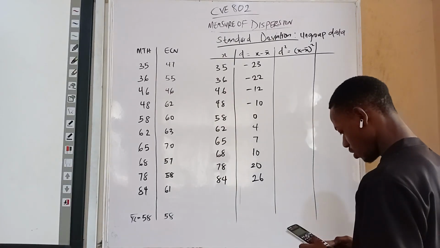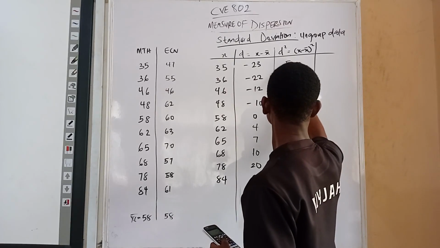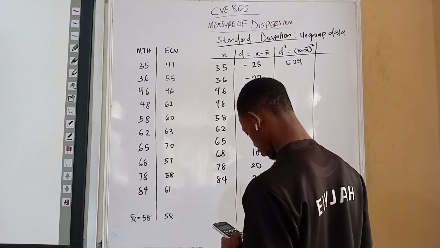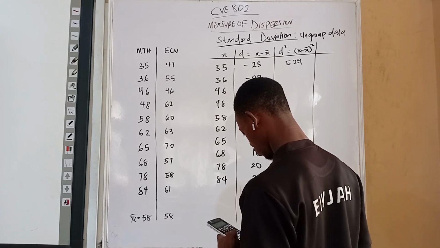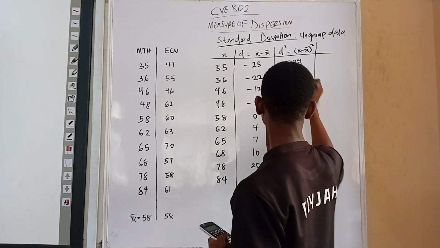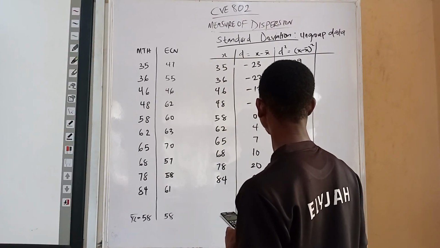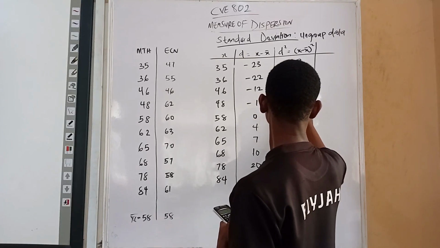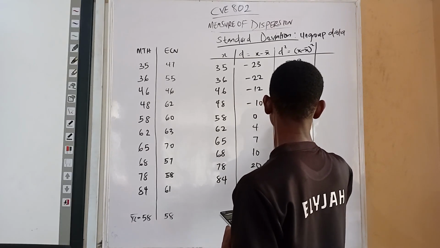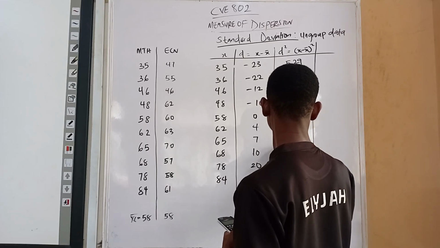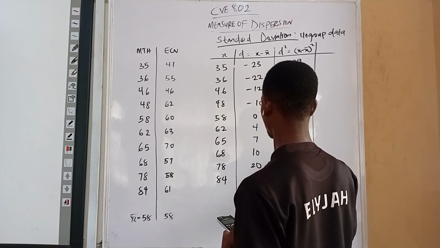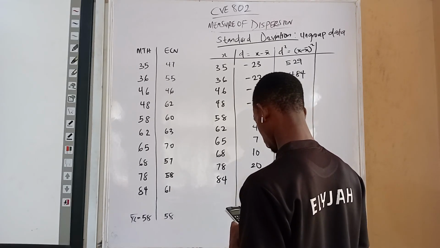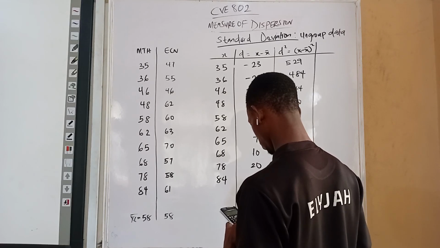So 23 squared is 529, 22 squared is 484, 12 squared is 144, 100, 0, 4 squared is 16, 49, 100, 20 squared is 400, and 676.